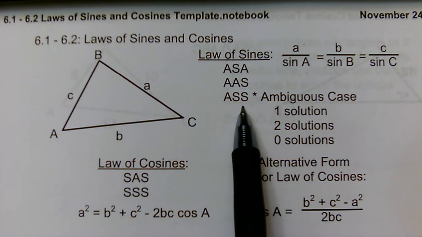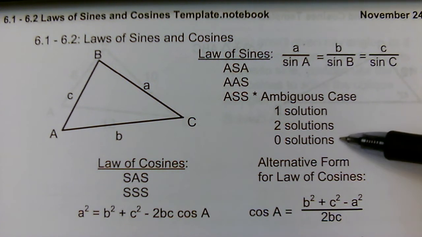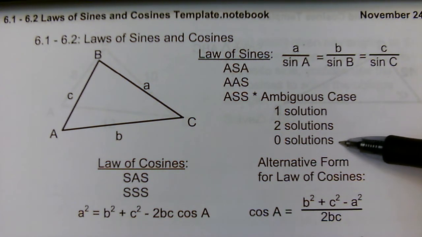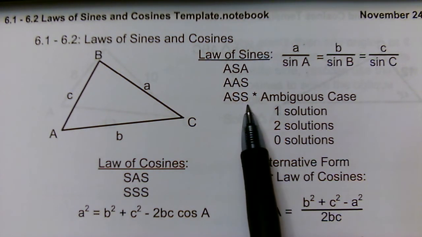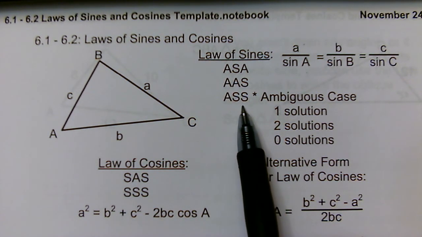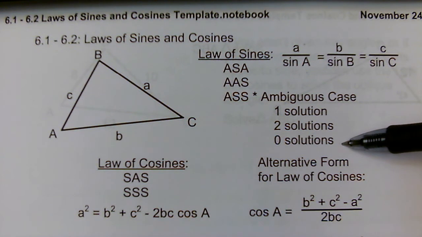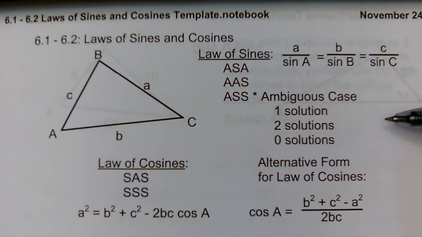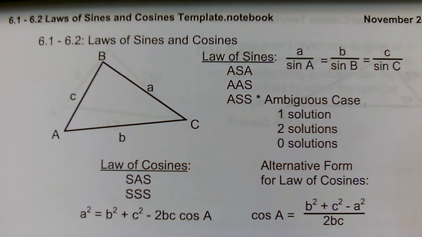And the reason it doesn't is because there can actually be one, two, or no solutions to make a triangle, even though an angle and the two sides that are not forming it can be congruent, or it might not be congruent. You might have two different triangles, or there might not be a triangle at all. So that's called the ambiguous case. So we're going to skip over the law of cosines for a moment and just look at the law of sines.